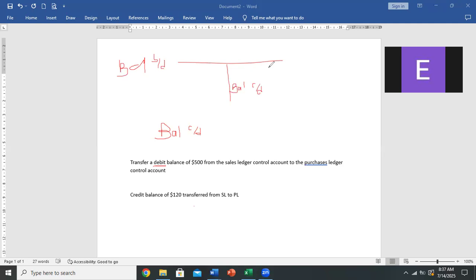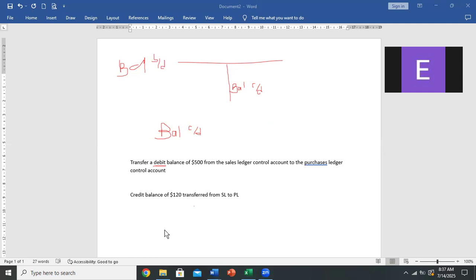But for the closing balance, you always go the opposite side, the carry down. I'm alerting you on that because it will pop up in some of the illustrations.